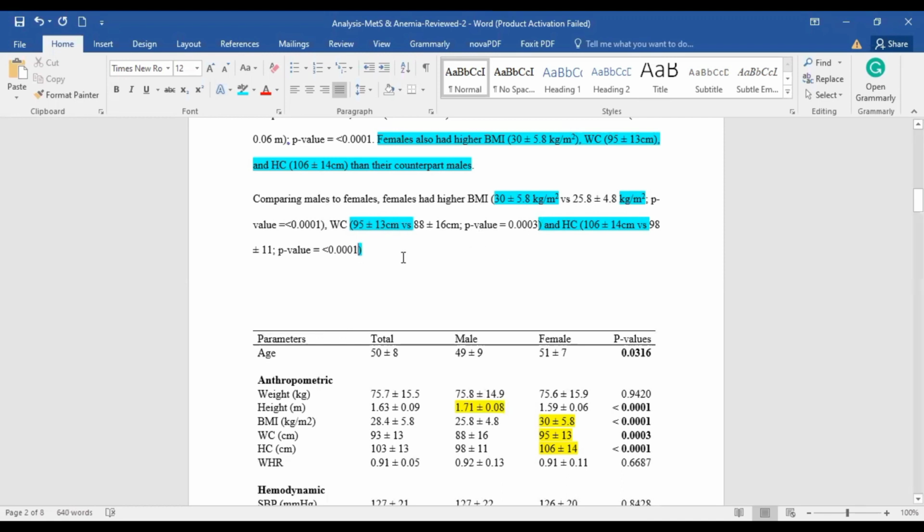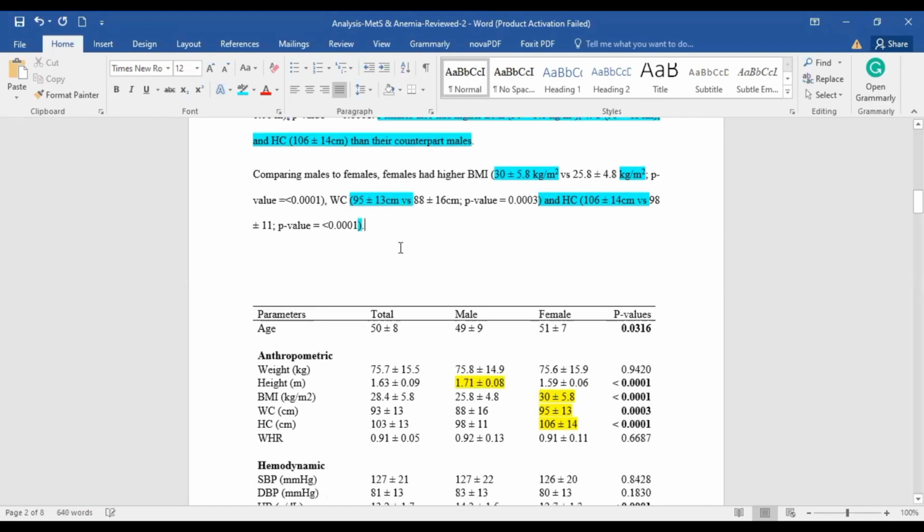Okay, so this is how we can do the interpretation.